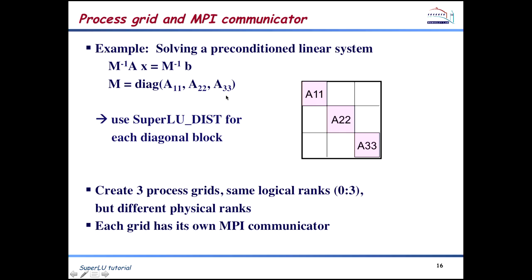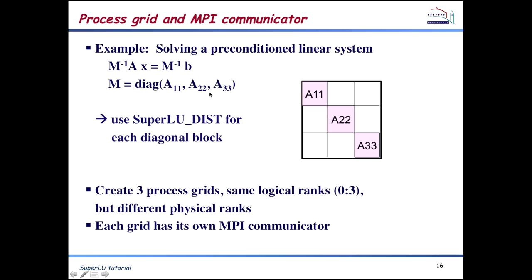And then the processor grid for MPI communicator. This is useful because very often in big applications, SuperLU is used as a preconditioner. One popular preconditioning scenario is a block diagonal preconditioner. So you have a matrix here, the global matrix, but you only take the diagonal block of certain size you choose. You want a diagonal block to be inverted or factorized, and then use this inverse to precondition the global matrix.